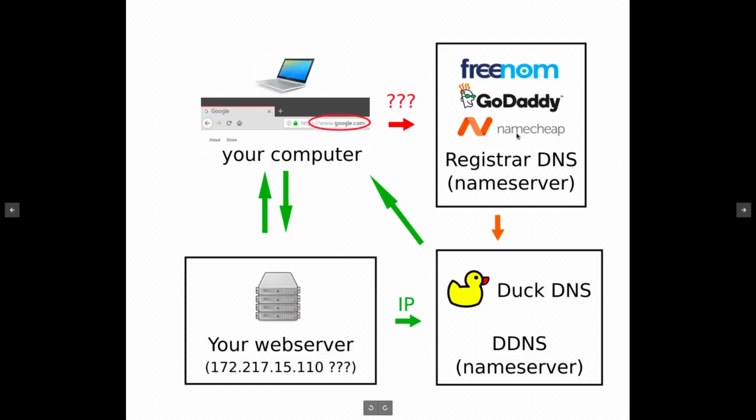That is, the registrar is where you purchased your name from, whether it's squid.com or google.com, whatever. You buy that at a place called a registrar. And they just have the authority to decide who owns what domains.